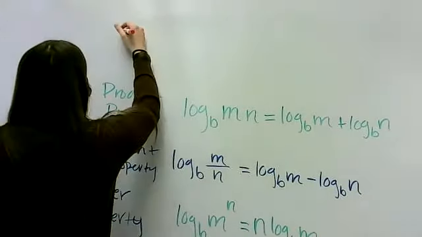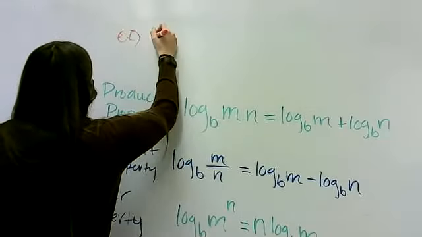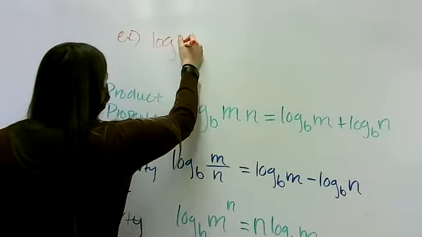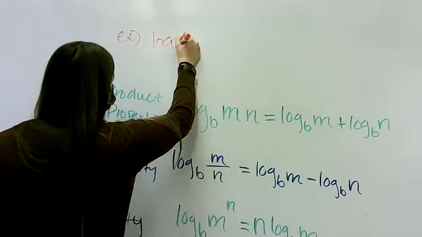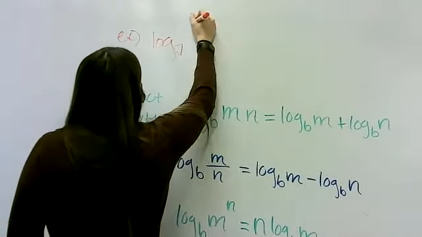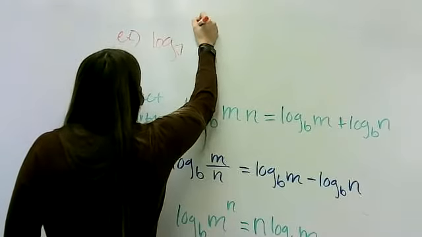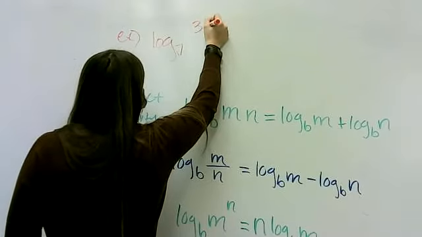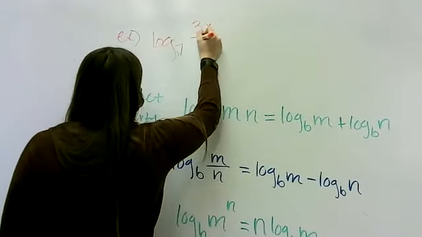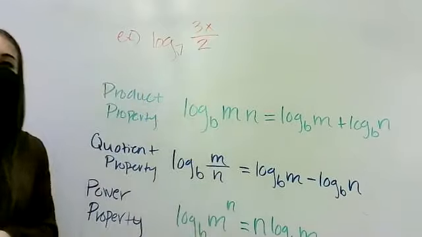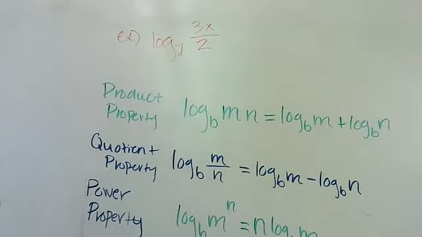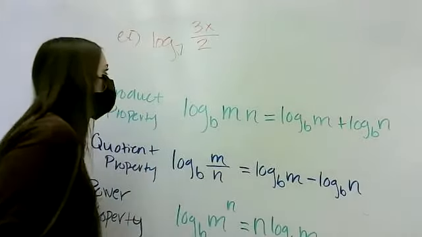Let's do log base 7 of 3 times x over 2. Log base 7 of 3 times x all over 2.